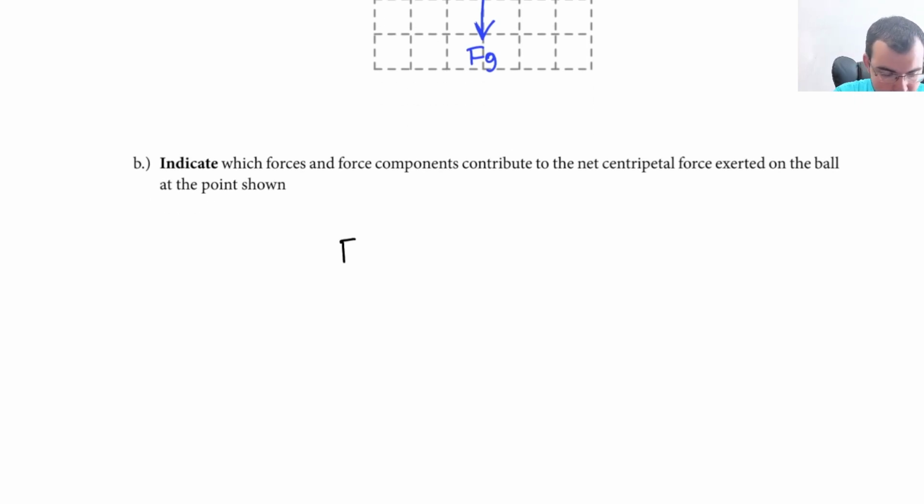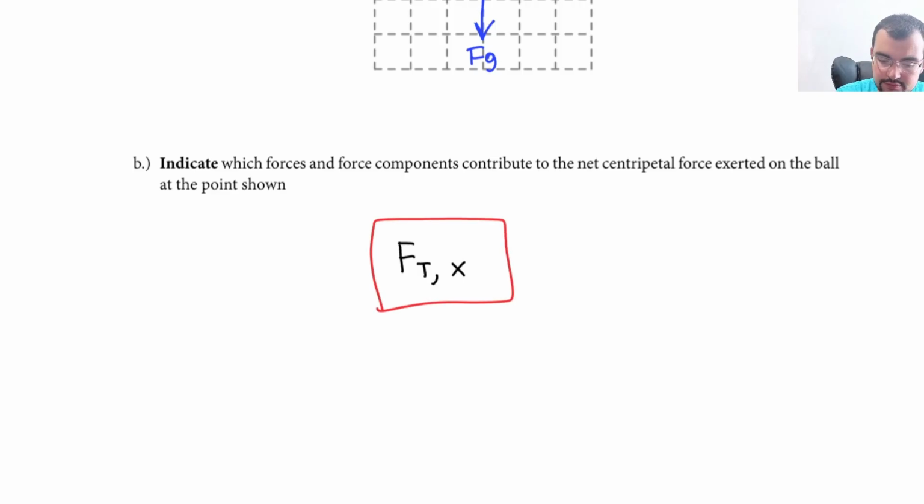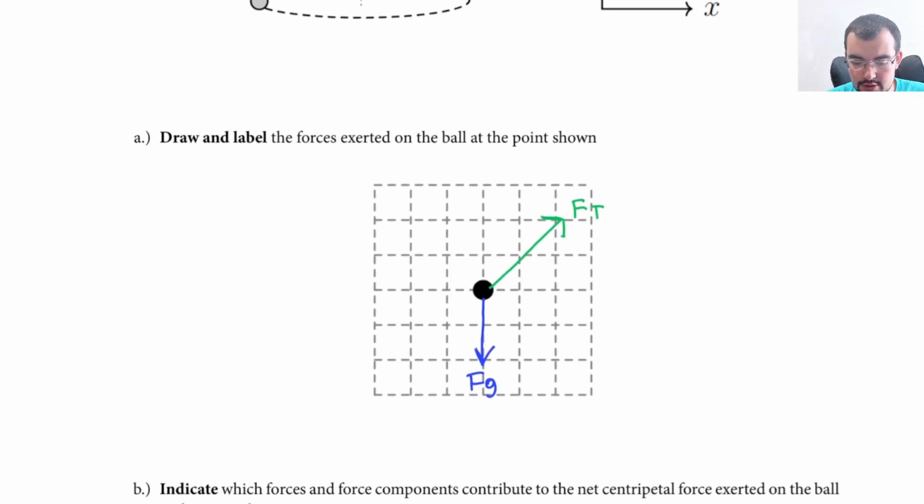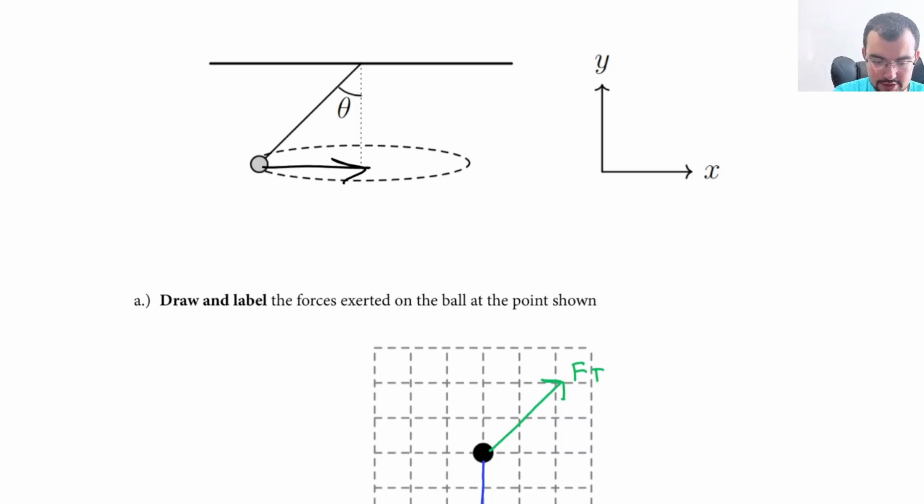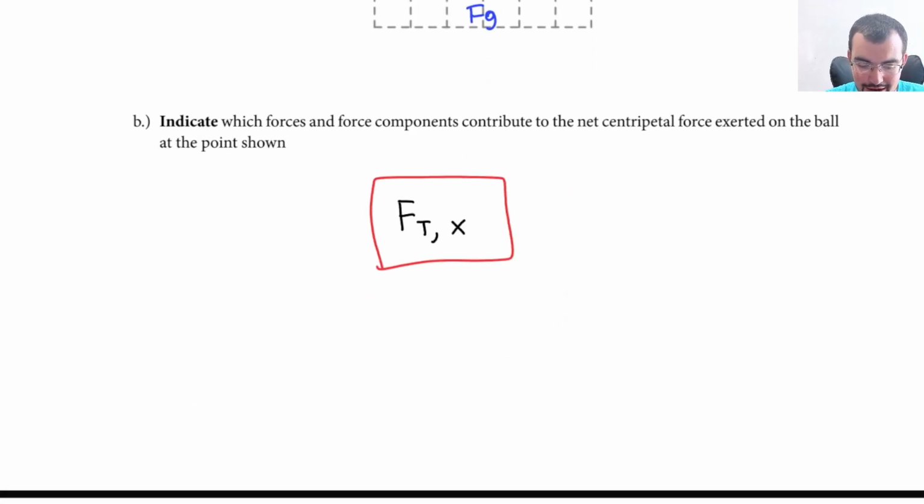Well, it will be the horizontal component of tension. It'll be the x component of tension supplying the centripetal force because the circle is this way and the string is partially in the y, partially in the x, so it's the x component that's dragging us towards the center.